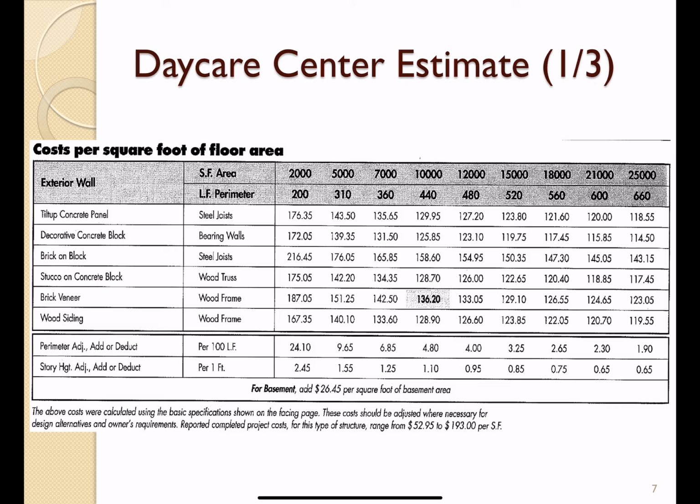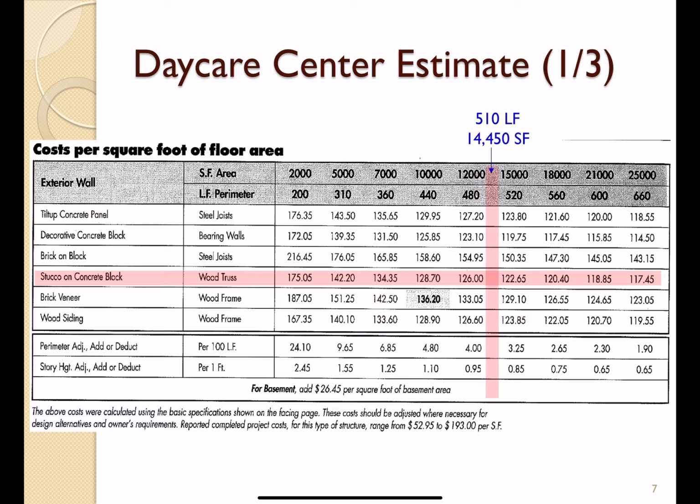For our project, the wall is stucco on concrete block, and you have that information here. Our project has an area of 14,450 square feet and a perimeter of 510. We just did that in step 1, so it is somewhere in the middle between 12,000 and 15,000.